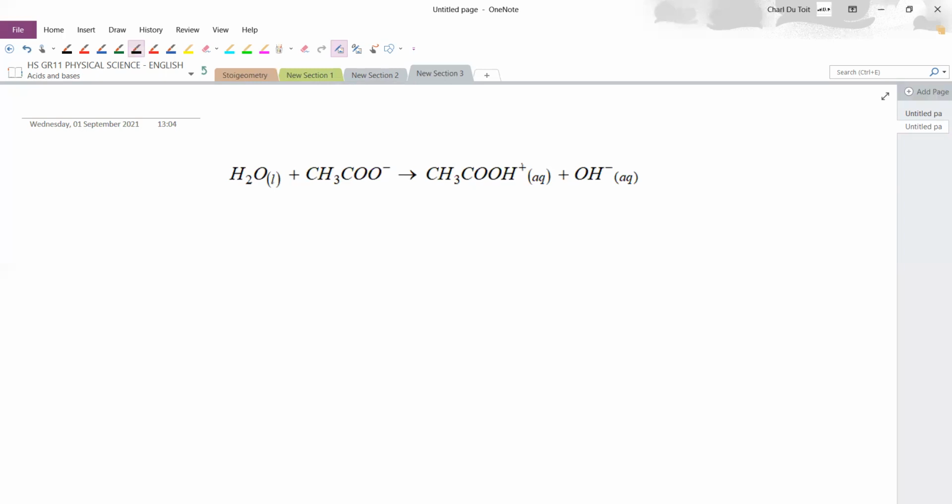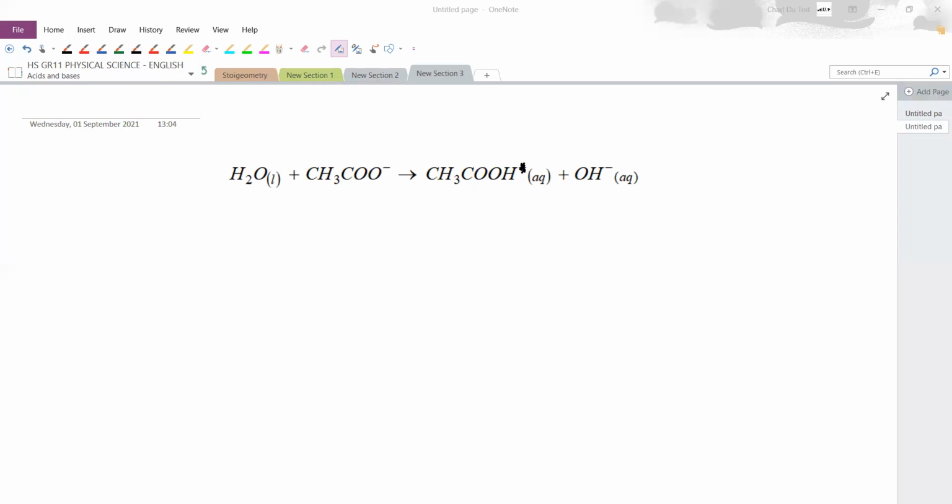It shouldn't be there, and I have to fix that. And OH ions, hydroxide ions. Control F4. There we go.